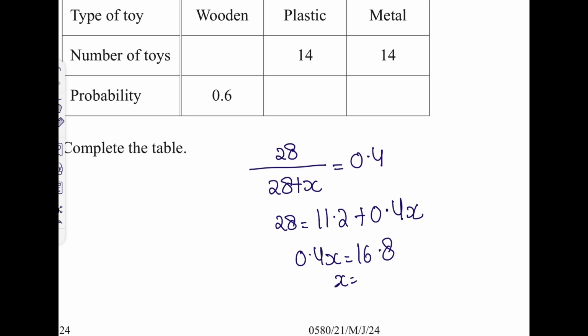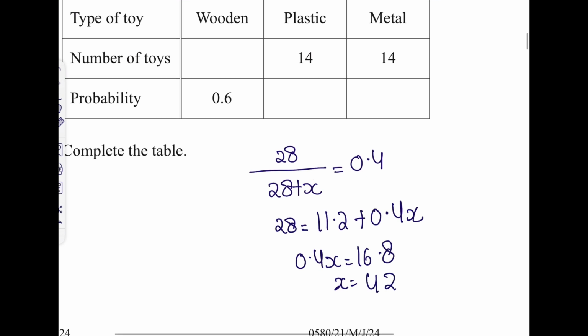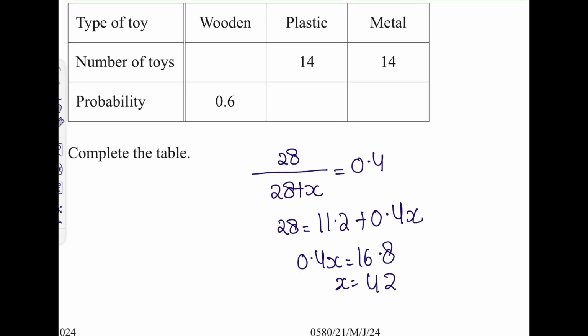That gives you 42. Now what is x here? X means the wooden toys, so the total number of objects is 28 plus 42, which is 70. We took 28 from plastic and metal, and the remaining x represents the wooden.